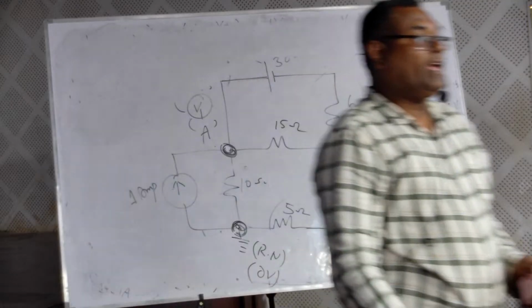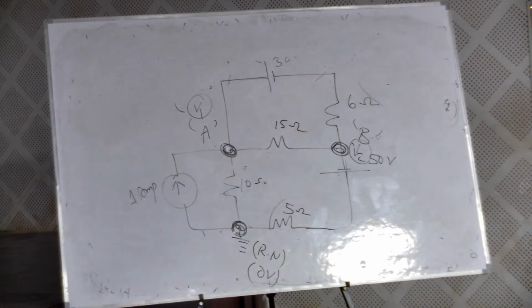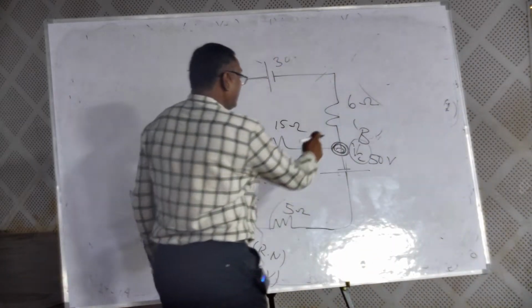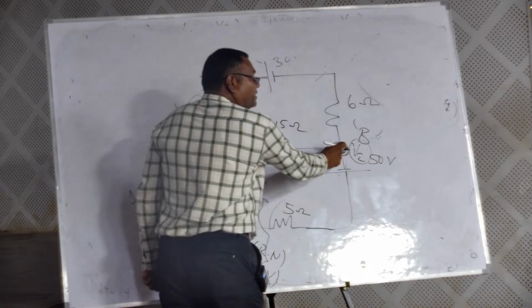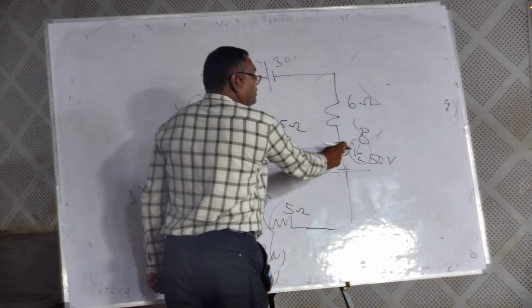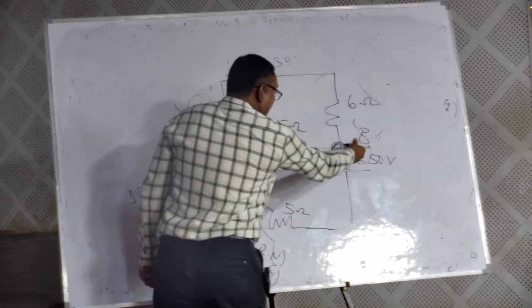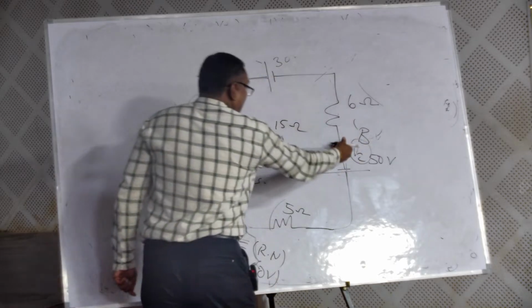Right. Now applying KCL at junction B. One by one. Applying KCL at junction B. First tell me, who is the higher potential? V2 is the higher potential, right. Current flows from higher potential to lower potential like this.